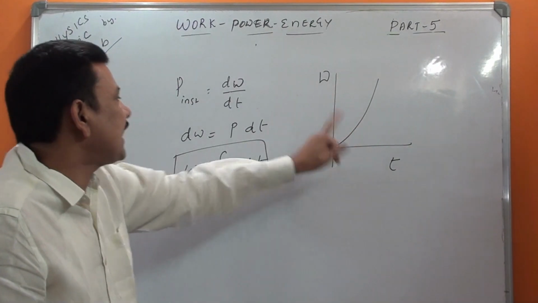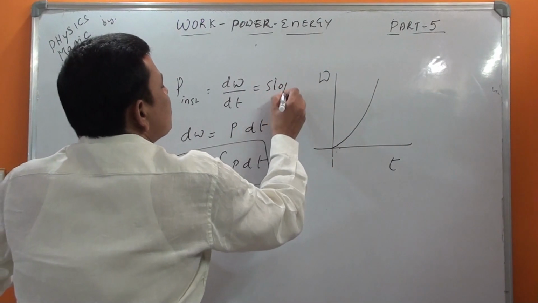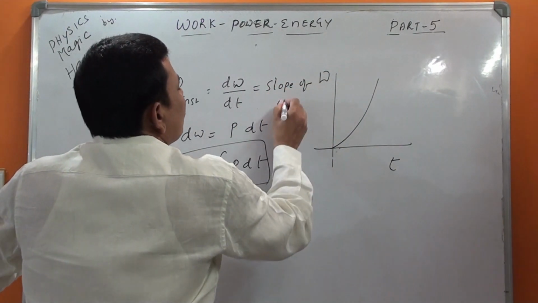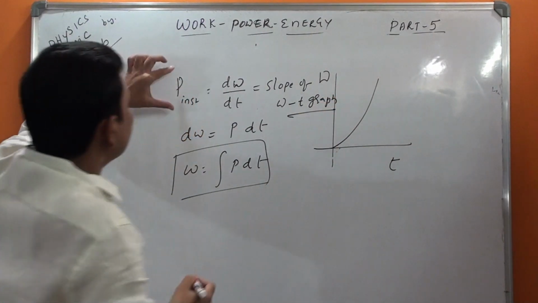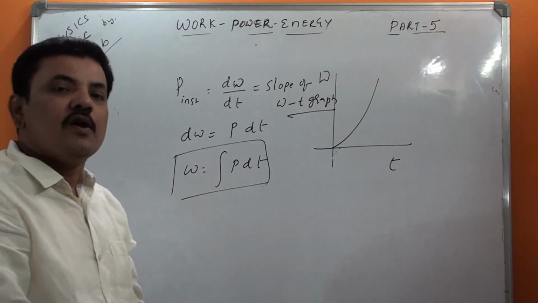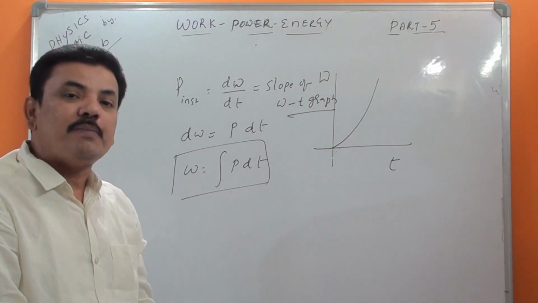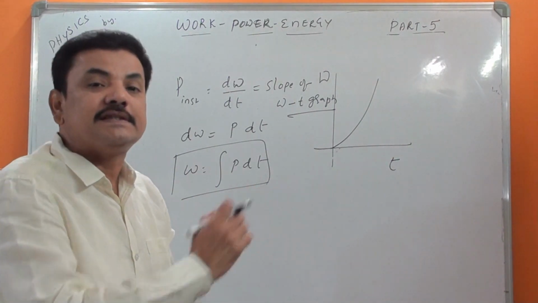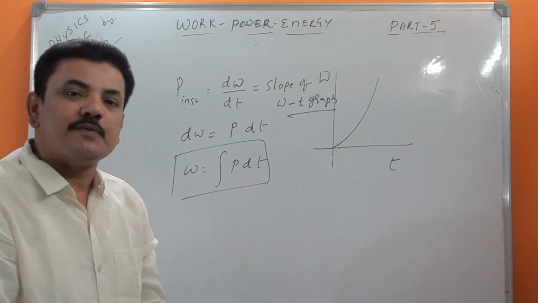The slope of the work done time graph will give you the instantaneous power. Remember how important the points you are getting. Who knows, you may get a theory question also like this: the slope of the work done time graph gives dash. Then if you are not aware of this, you may lose 4 marks there.